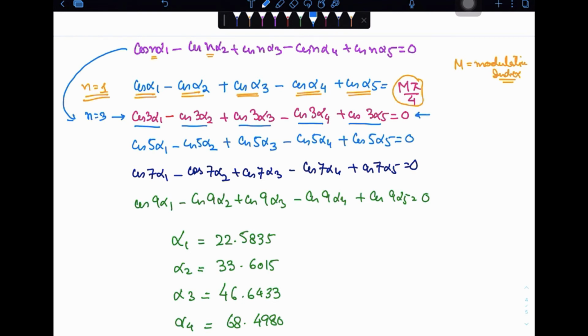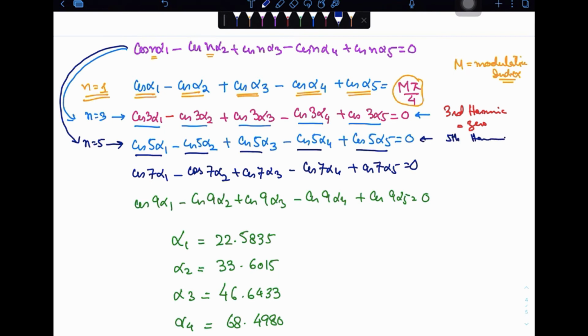Because I want to make the third harmonic 0 in the spectrum of the output voltage waveform. Now let's take n equal to 5 in this equation, and we write down this equation. That will be cos 5 alpha 1 minus cos 5 alpha 2 plus cos 5 alpha 3 minus cos 5 alpha 4 plus cos 5 alpha 5, and that will be equal to 0 because I want to keep the fifth harmonic 0.